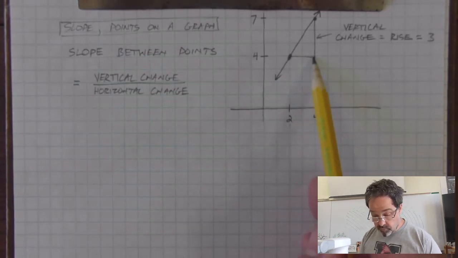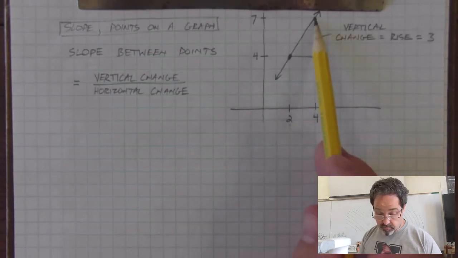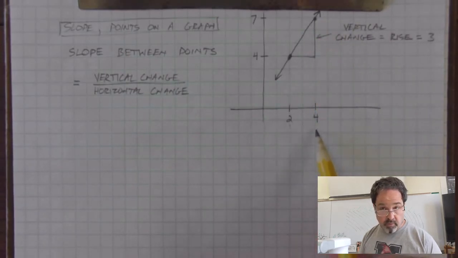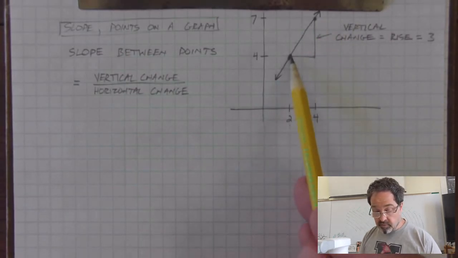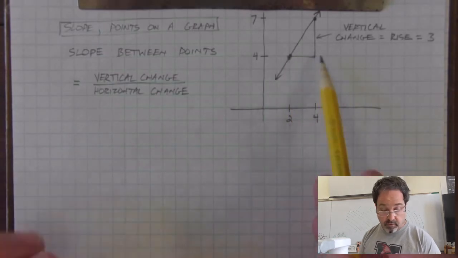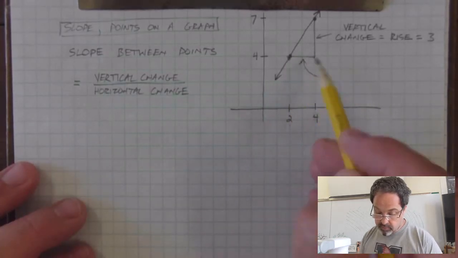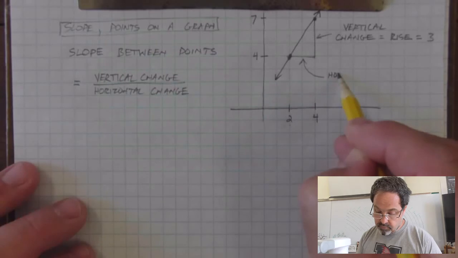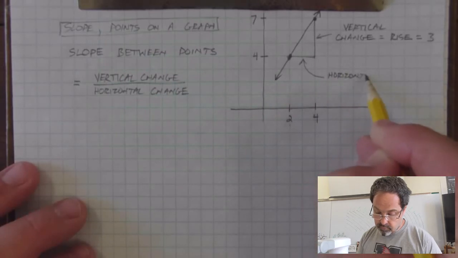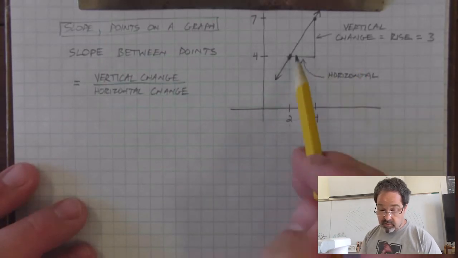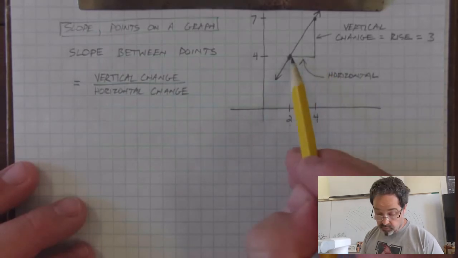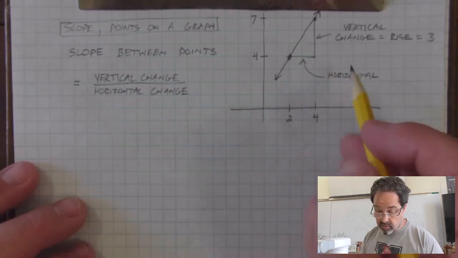And then I moved to the coordinates, the x value of this point has an x value of 4. So how much did I have to change to go from 2 to 4? Horizontal change, in this case, is 2, the measure of the distance of this line.